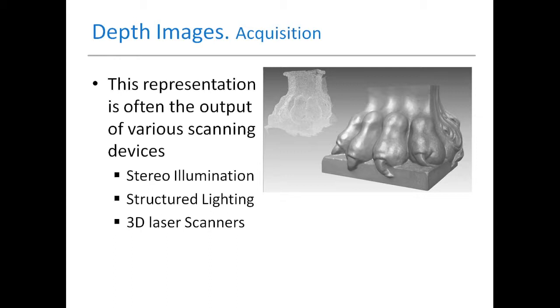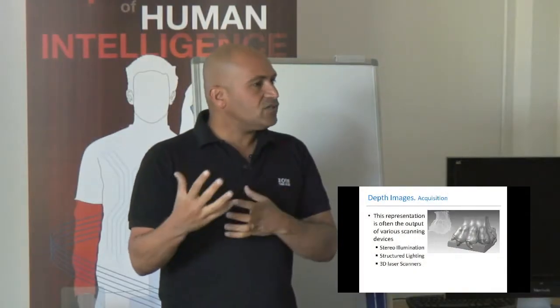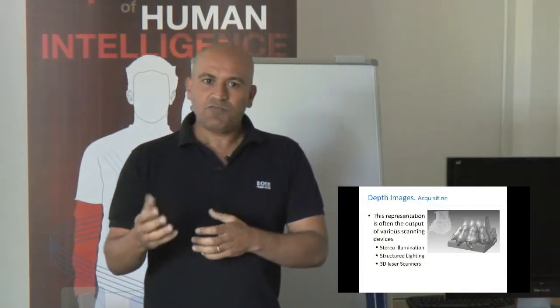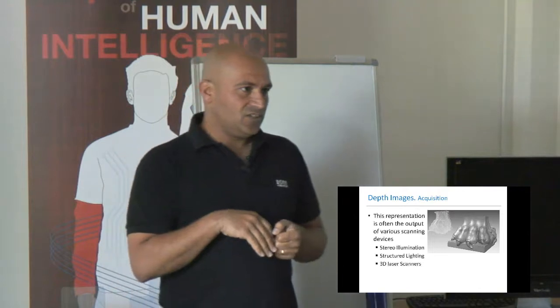So first of all, when we talk about the acquisition of depth images, we talk pretty much about three major technologies: stereo illumination, structured lighting, and 3D laser scanners. The first one is pretty much the initial technology, where people tried to estimate the depth of the image based on various techniques to recover the depth from the shading information.